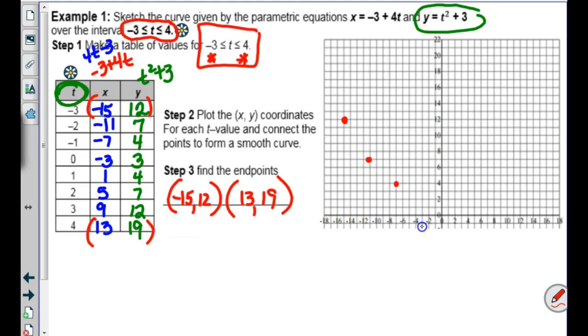Yeah. -3, 3. +1, 4. 5, 7. 9, 12, and 13, 19. All right. This one did turn out to be a function.